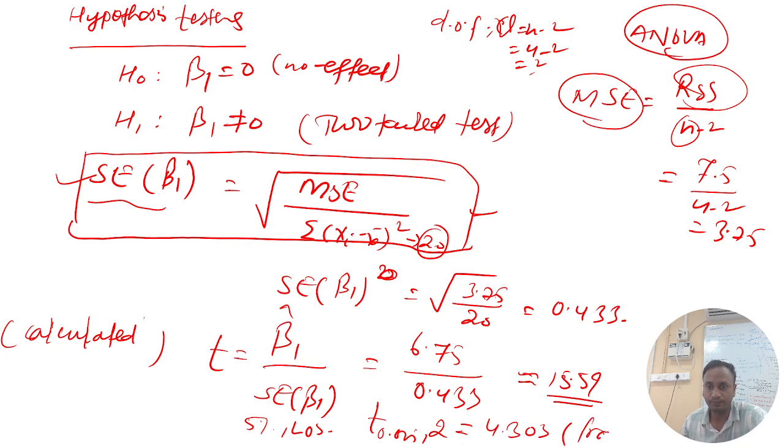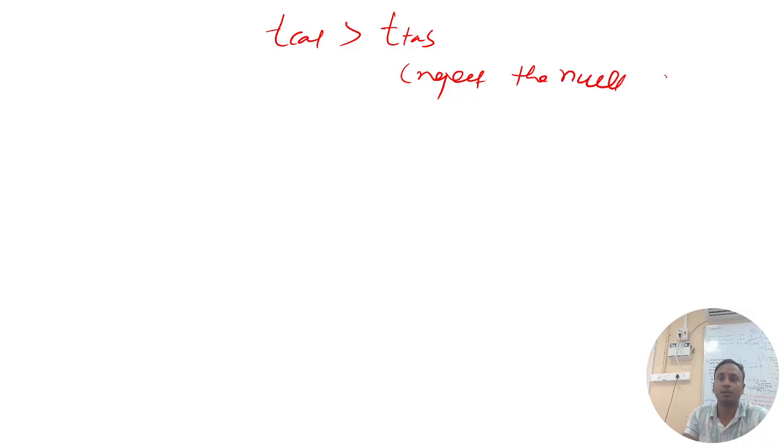It's from the table. Okay. So now we can say T calculated is greater than T tabulated. What will we do? Reject the null hypothesis. Is it clear?